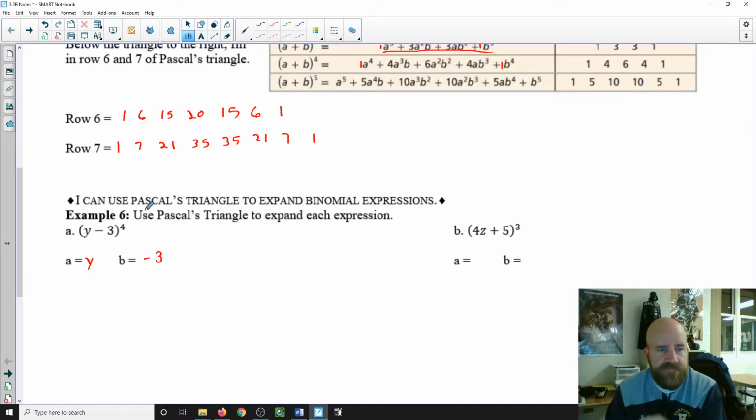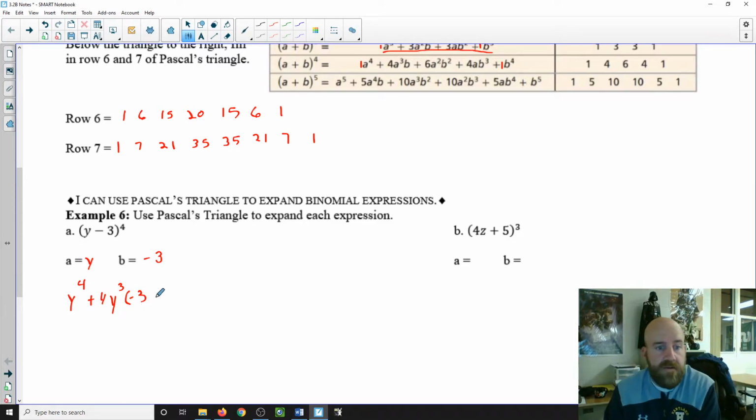Plugging in our values, we would end up with y to the 4th, plus 4 times a cubed, that's y cubed, so we're reducing, and then times our b value, -3. I'm going to write that in parentheses there.